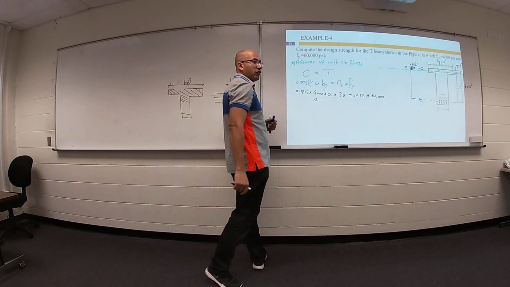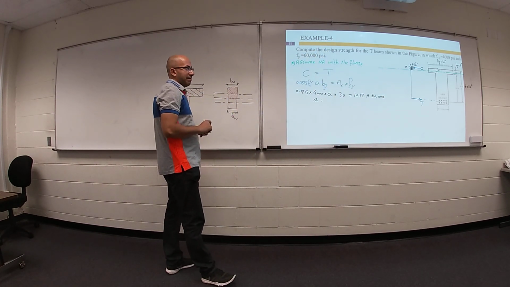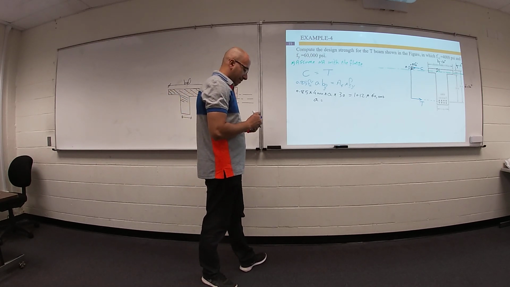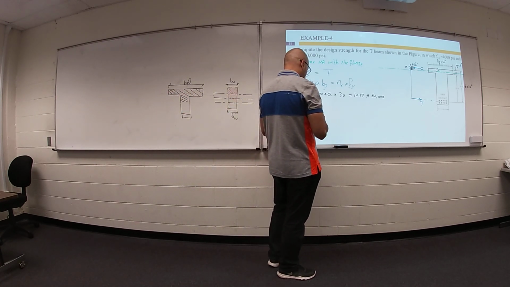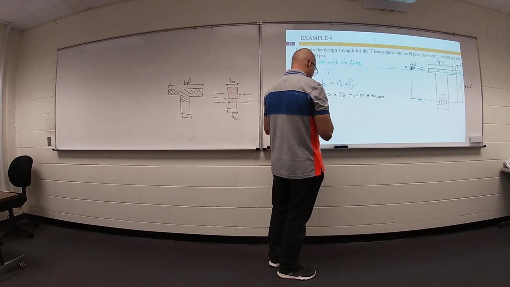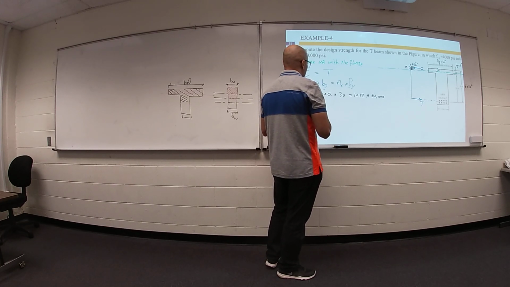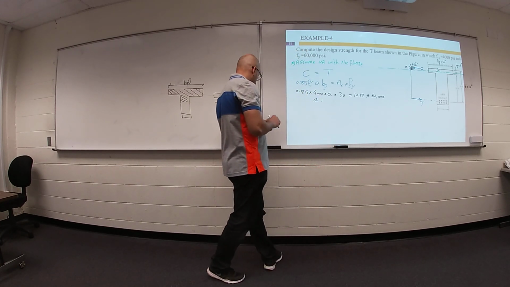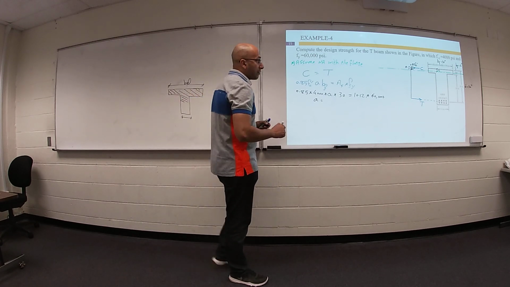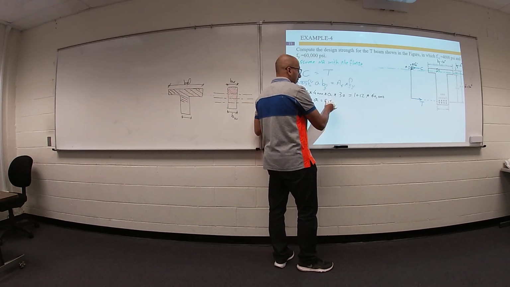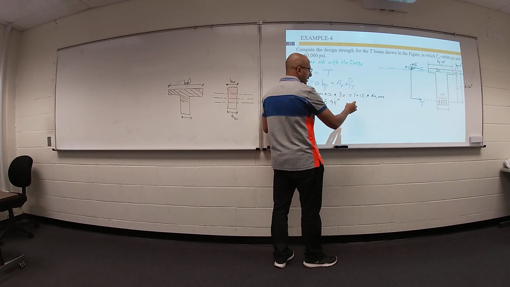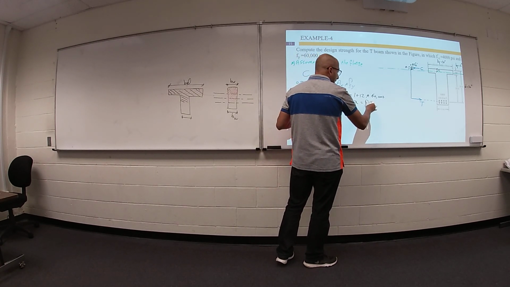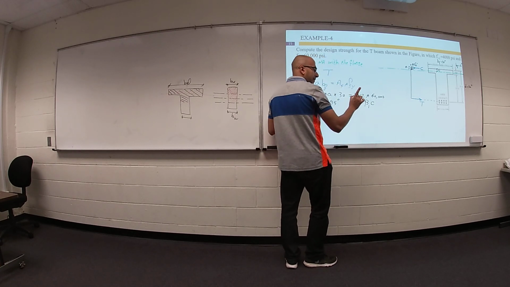What is the value of distance a? 5.95 inch. Okay, your distance a equals beta 1 times c.